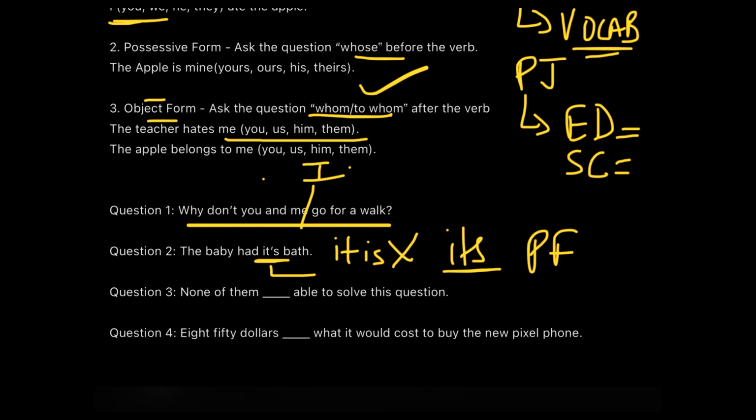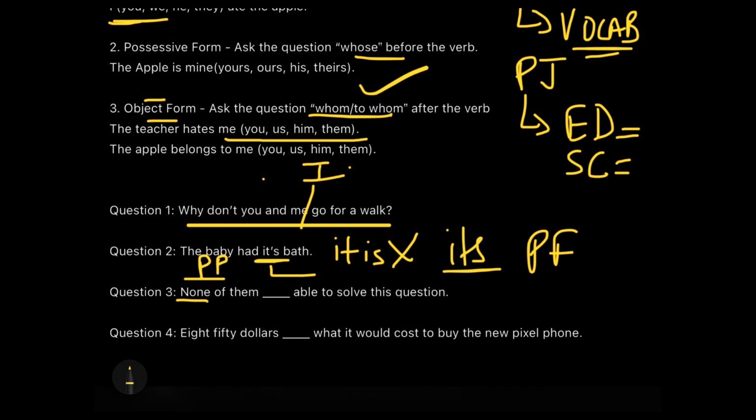This is very simple, but we have learned a rule that none when used alone will go with singular. But how is it used over here? It's used in a preposition phrase.